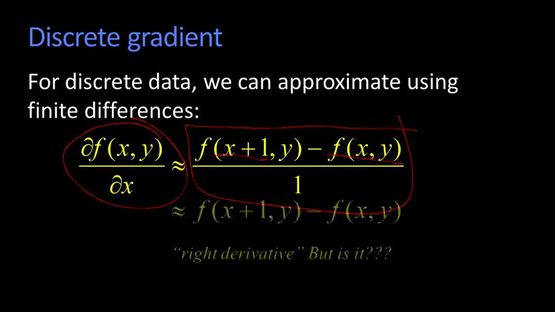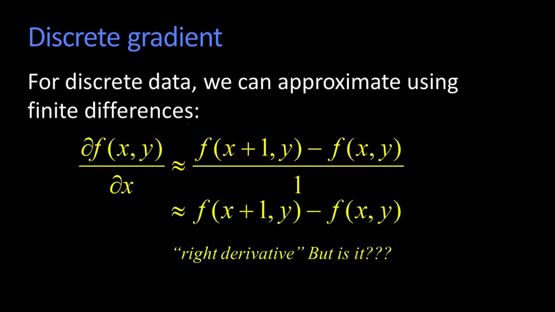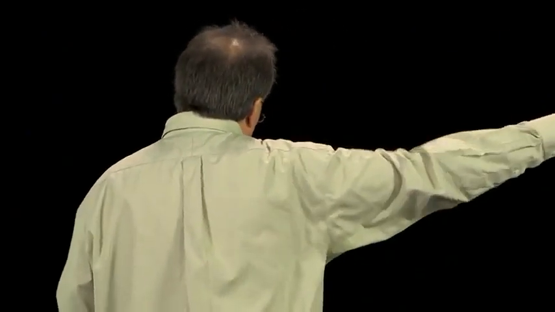Just 1, so that just becomes this value. So we say it's approximately f of x plus 1 minus f of x. And that's called the right derivative. You get it? Because it takes a step of 1 to the right. Yeah, right, left, for those of you who aren't looking at this thing in a mirror.